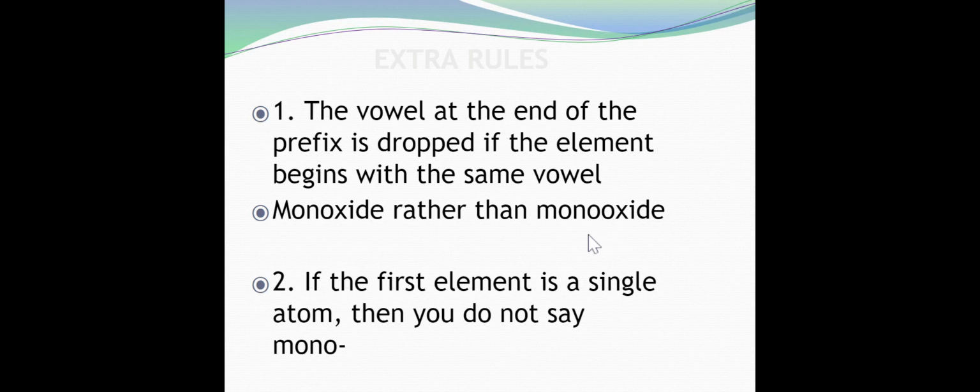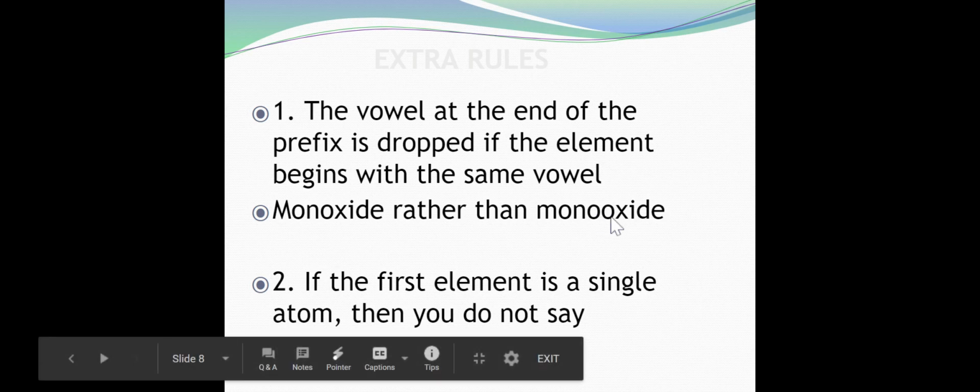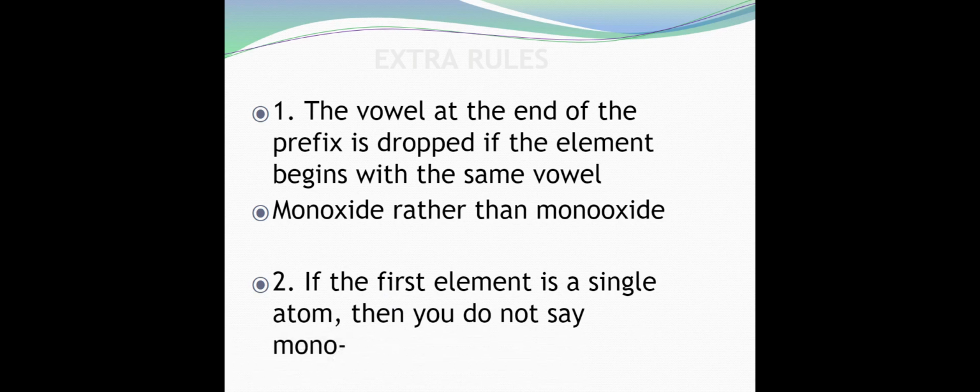Also, when there's an A, like in tetra, penta, and hexa, with oxide, A and O, we just drop the A too. And if the first element is a single atom, then you do not say mono. That's everything you need to know about formula and naming.